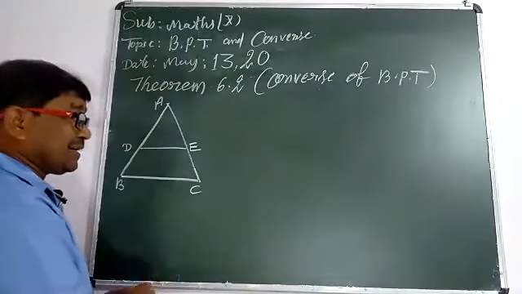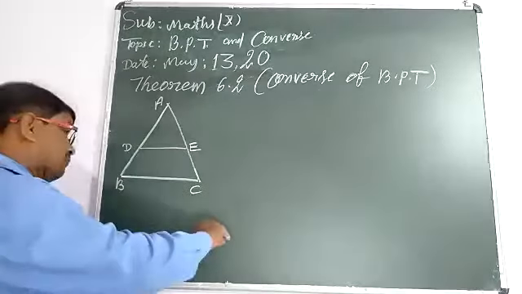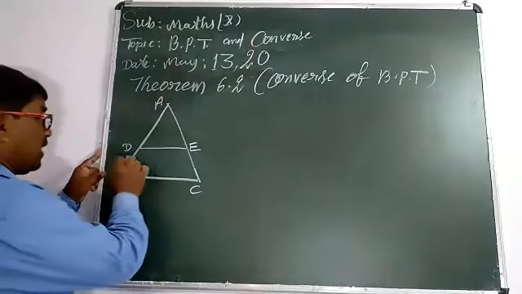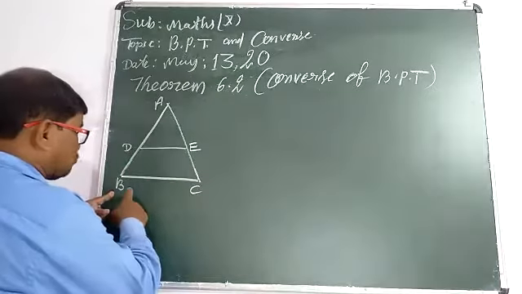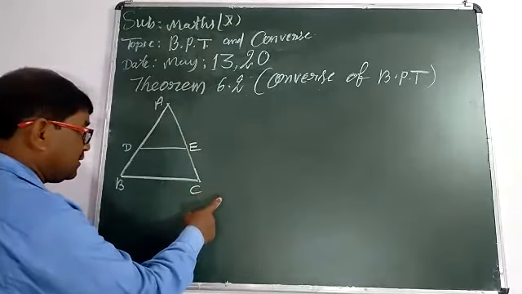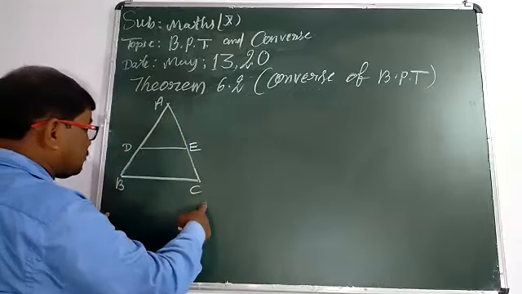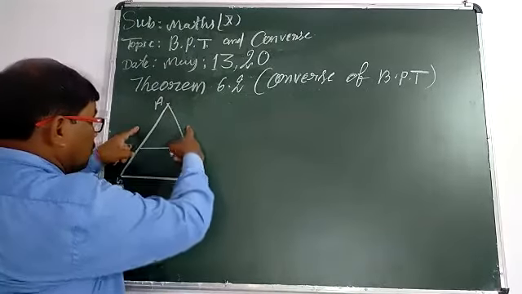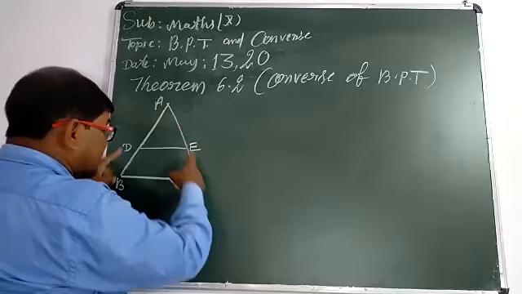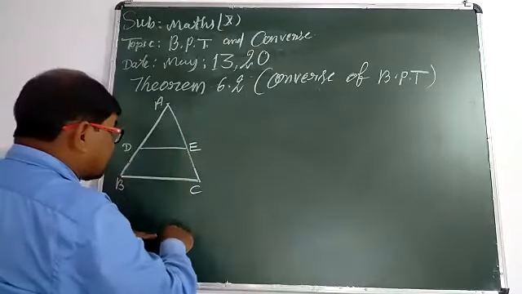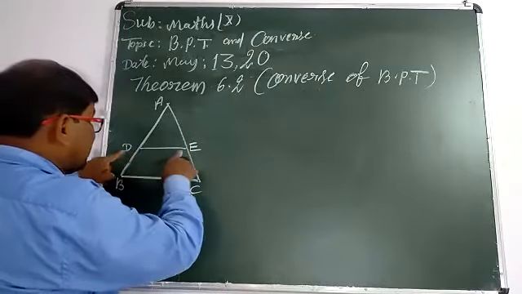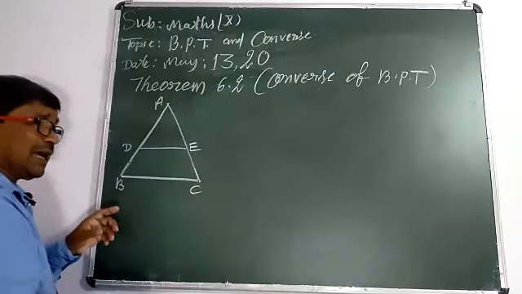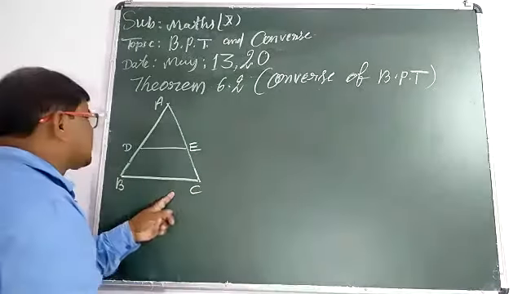What is the converse? Keep in mind again: BPT is one line drawn parallel to one side of the triangle, intersecting the other two sides in equal ratio.